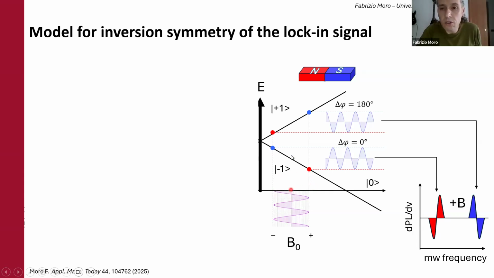Instead, the transition from 0 to +1 is modulated from low frequency to high frequency. Effectively, the PL spectra, the ODMR spectra, are modulated from low to high frequency for one transition and from high to low frequency for the other. Therefore, the phases of the PL signals are opposite for the two transitions, thus leading to opposite symmetry.